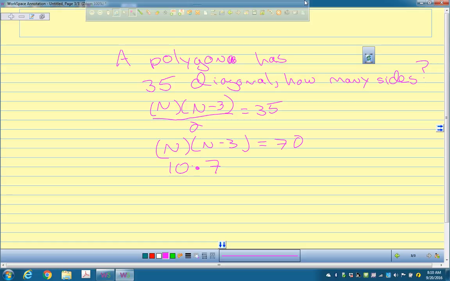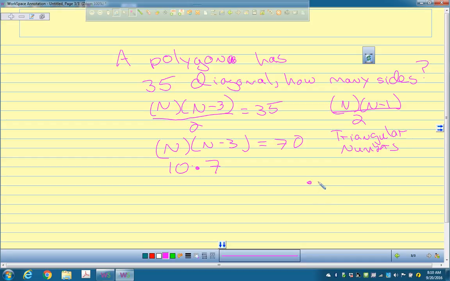One more thing. These are called triangular numbers. Especially n times n minus 1 divided by 2. These are called triangular numbers because I can make triangles out of them.